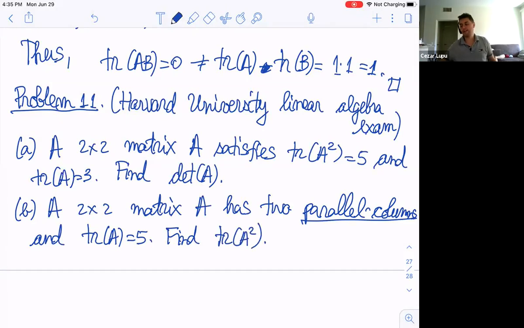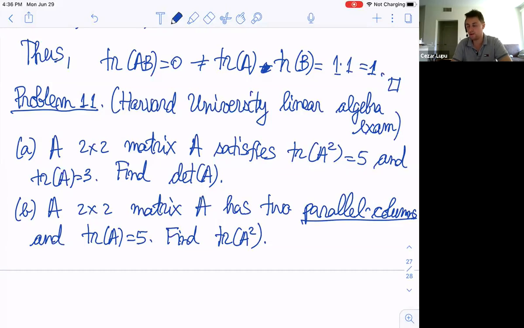It's easy to look at this problem once you know about the eigenvalues of the matrix. It's quite trivial, but we don't know that yet. This was given at the Harvard University final exam.